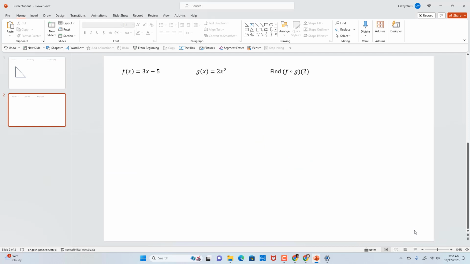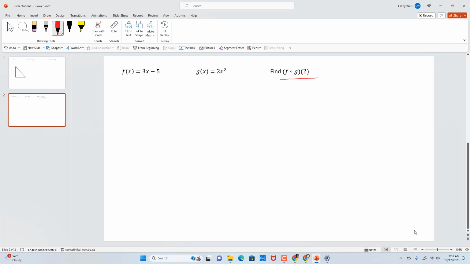Okay, so for 24C, we have f of x equals 3x minus 5 and g of x equals 2x squared. And we're trying to find f circle g of 2. And what f circle g of 2 means is f of g of 2. So that means you want to find g of 2, and then whatever that is, you want to plug that answer into f.